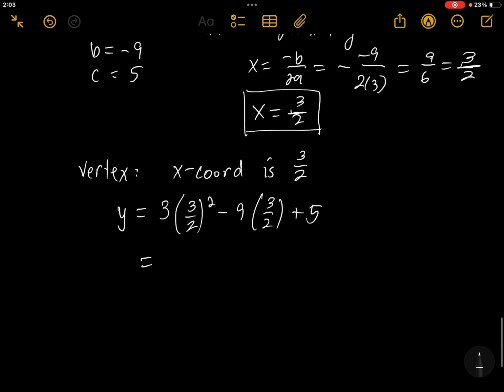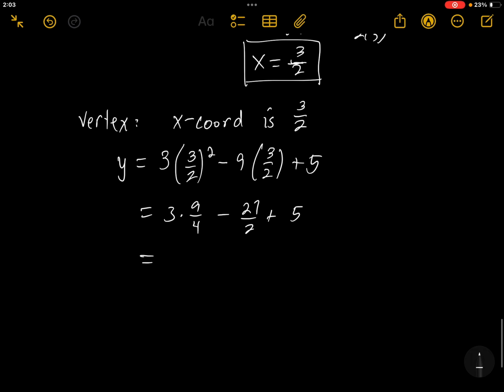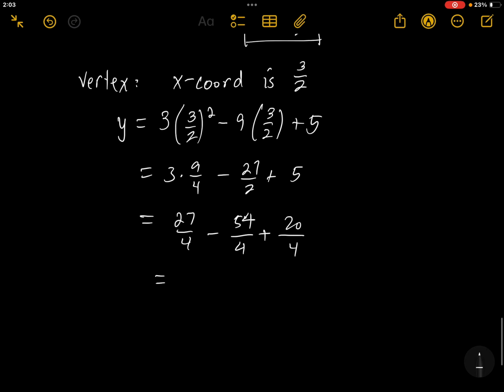That's 3 times 9/4 minus 27 over 2 plus 5. Okay, 27 over 4 minus 54 over 4 plus 20 over 4. That gives us -7 over 4. So the vertex is (3/2, -7/4).